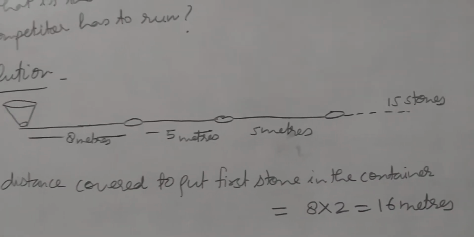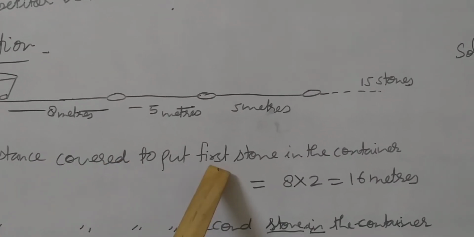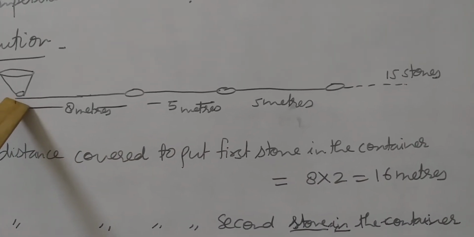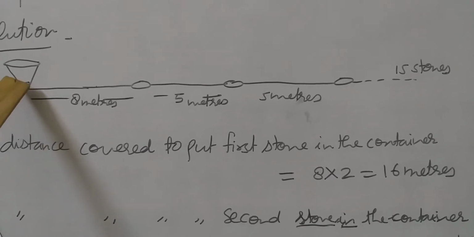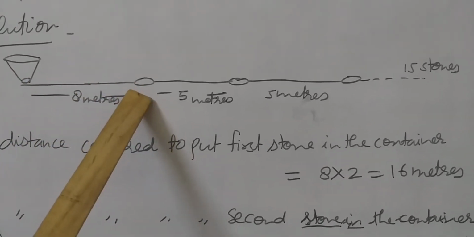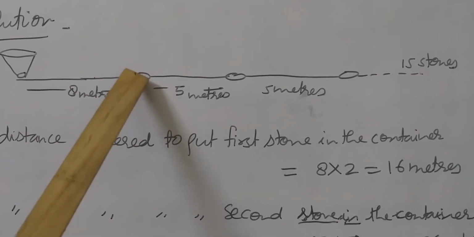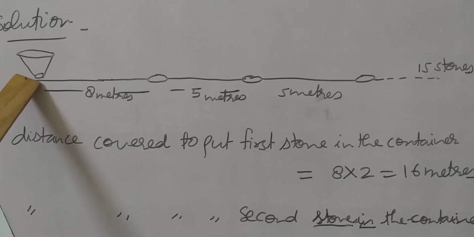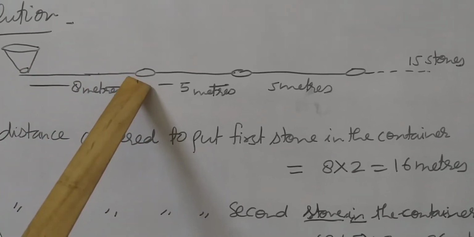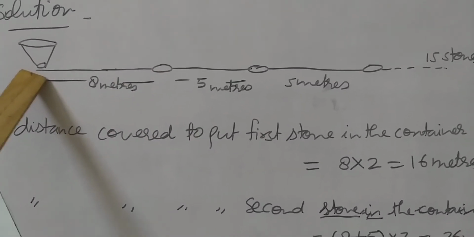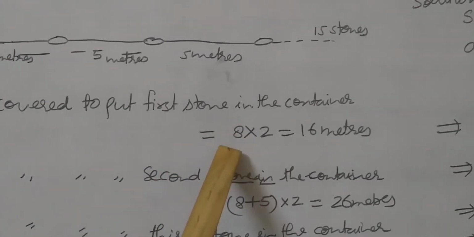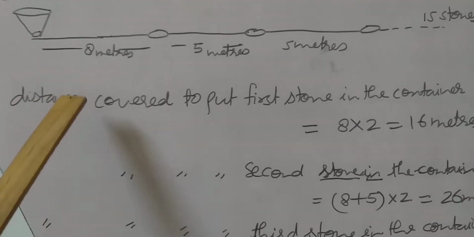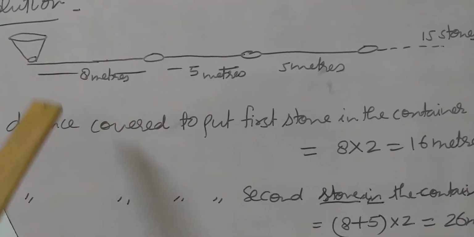So the competitor starts from the container, then runs to pick the first stone 8 meters away and comes back to the container to drop it: 8 plus 8, means 8 into 2. So 8 into 2 equal to 16 meters is the distance covered to drop the first stone in the container.